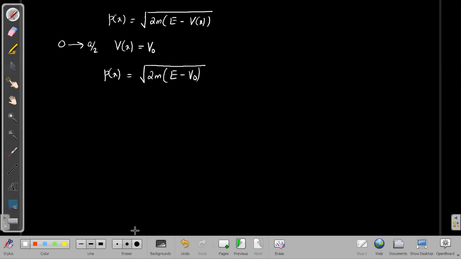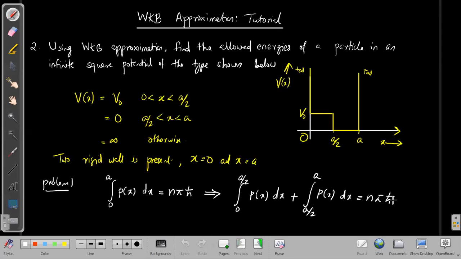Whereas from a/2 to a, the potential was 0, and hence our momentum p(x) is simply the square root of 2mE. So this is our equation number 1.